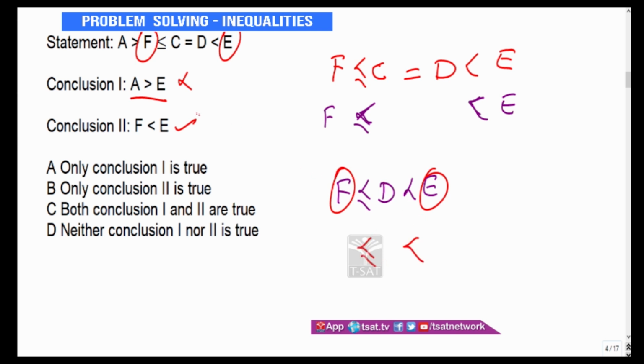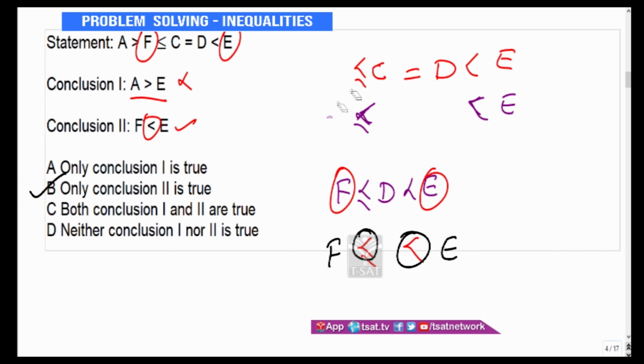But what he is asking is only the greater symbol, and the greater symbol is there in both cases. So here, E and F. That is the reason conclusion 2 follows. So your answer is only conclusion 2.